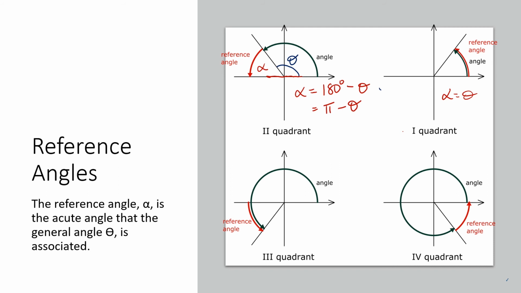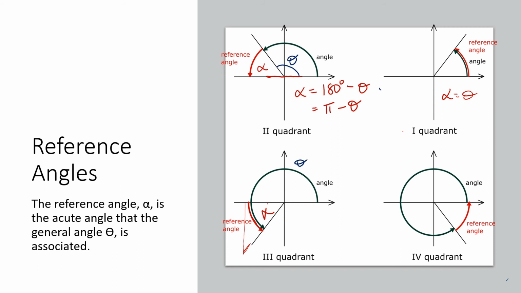In the third quadrant, our reference angle is formed again with our x-axis here because remember this is where we drew our triangle, if you remember clearly. So this here is our reference angle, alpha, and your general angle starts from here, represented by the black curve, and it goes all around to reach the line.